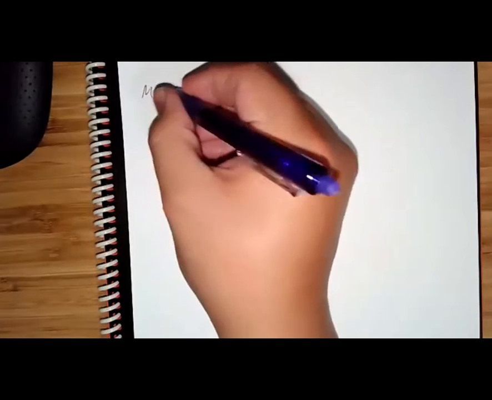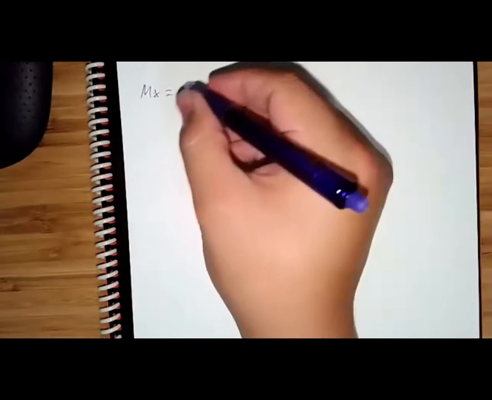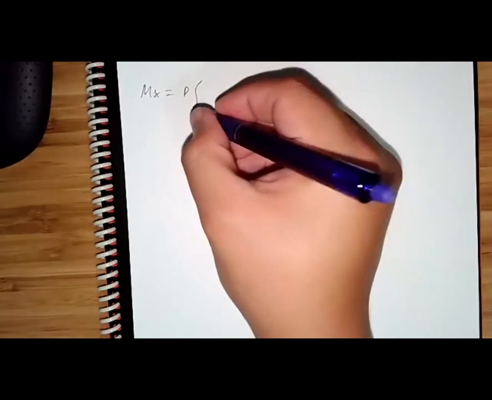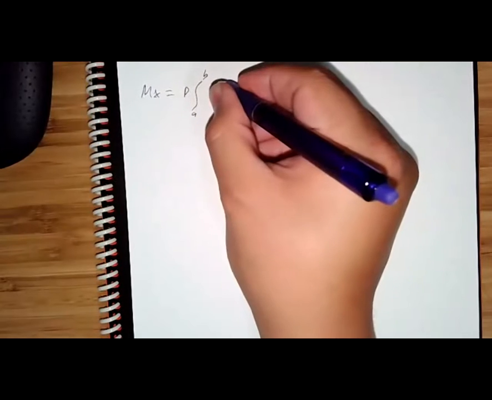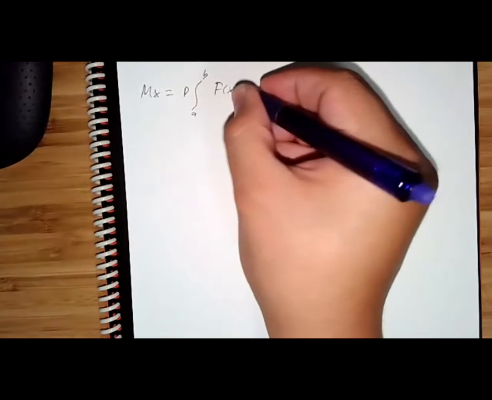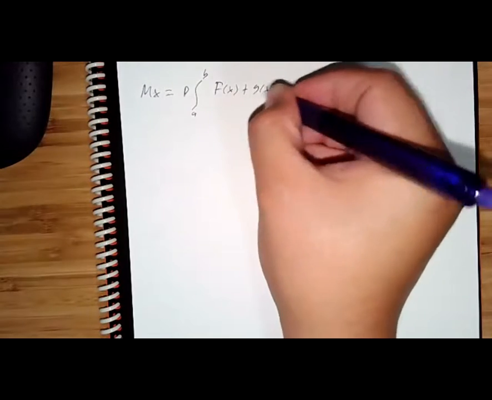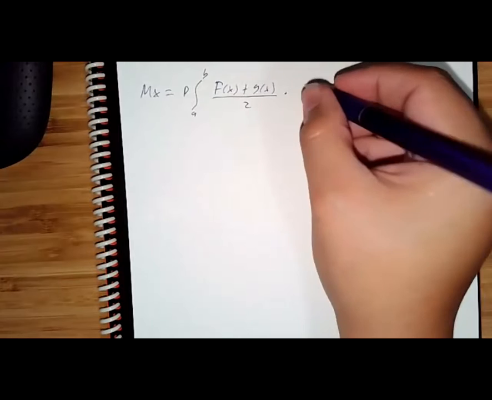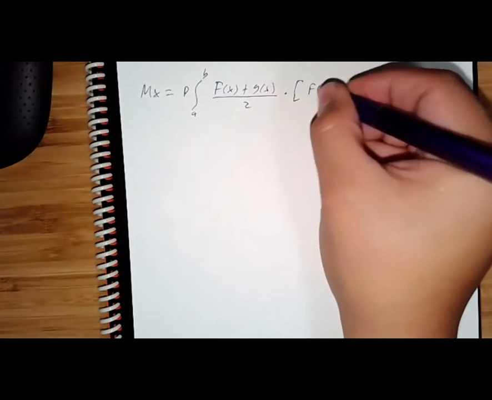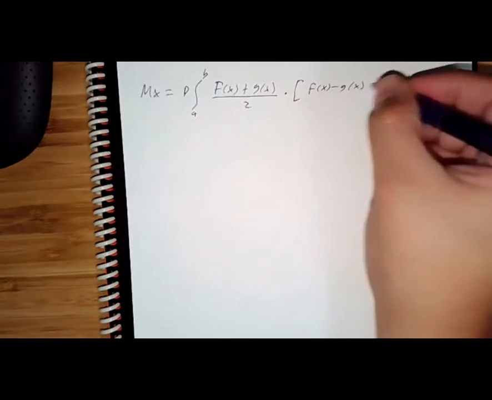There they are. So we need to find Mx, which is the integral of p times the integral from a to b of (f of x plus g of x)/2 times (f of x minus g of x) dx.